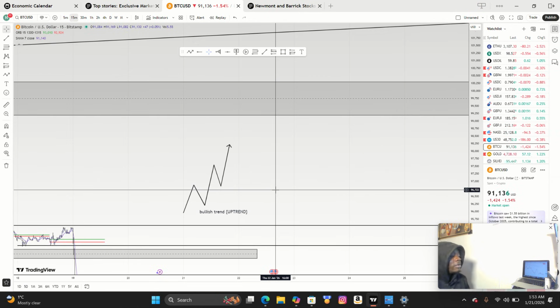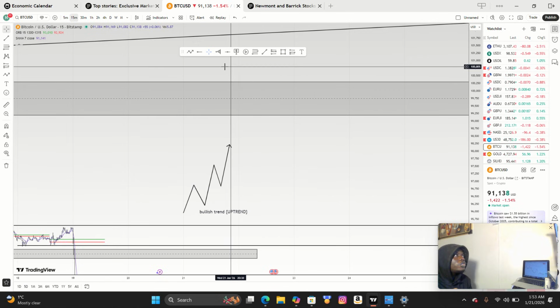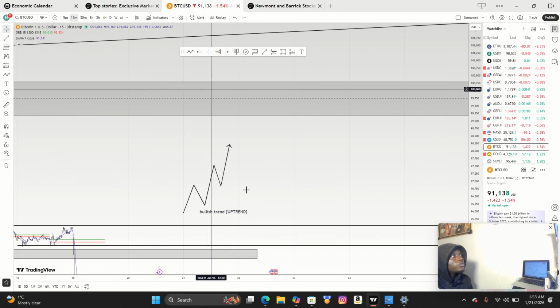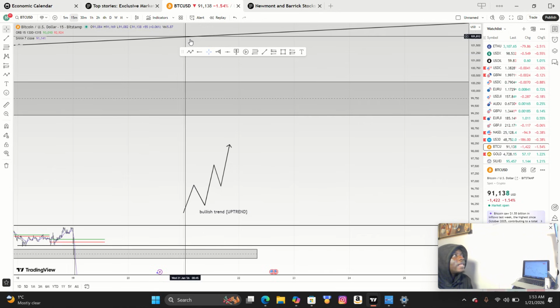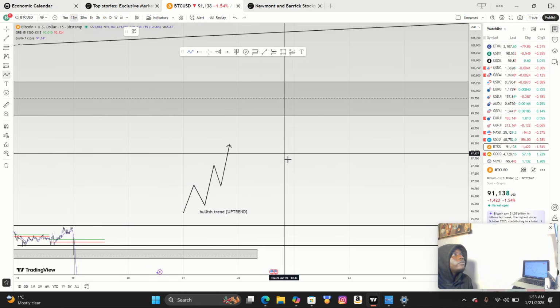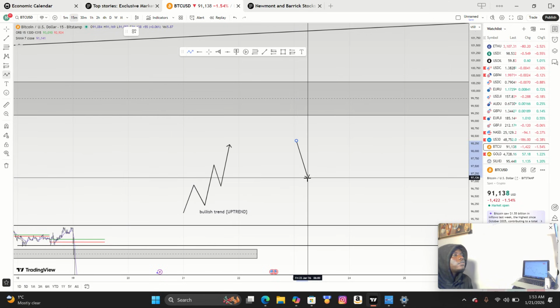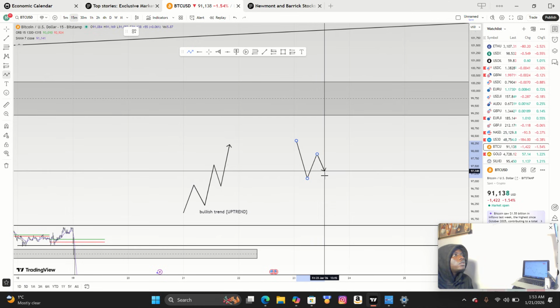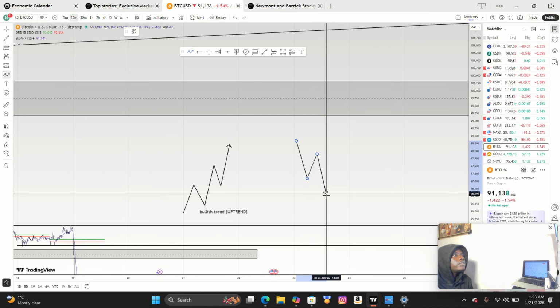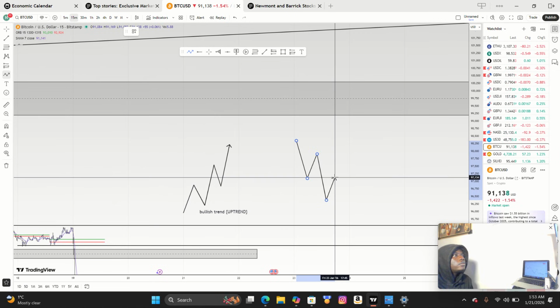When you see the market moving like this, this is a bearish trend. When you see the market moving downward like this, it's called a bearish market.